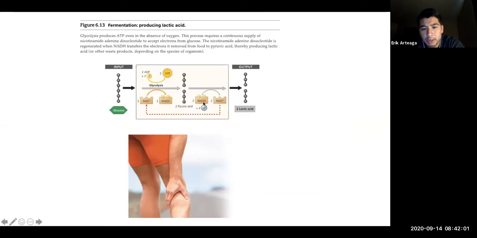So what happens then is when we have the pyruvic acid, we can donate the electrons back onto this pyruvic acid in order to recycle NAD to go back and again remove the electrons off. This process is going to be very important in order to keep glycolysis working.